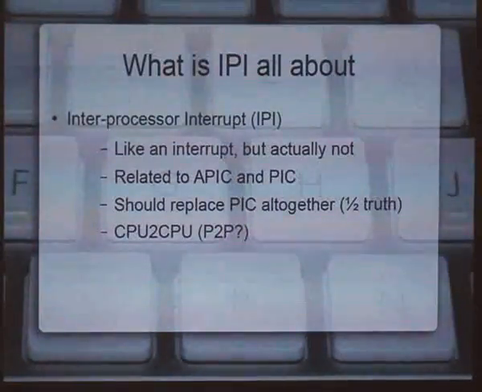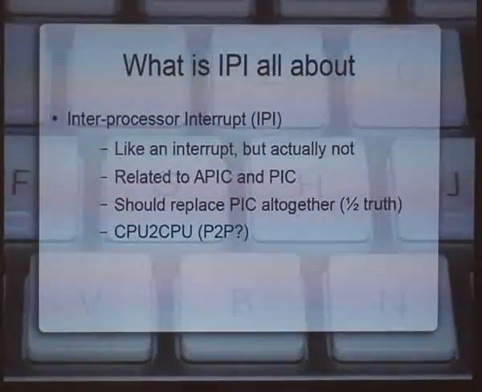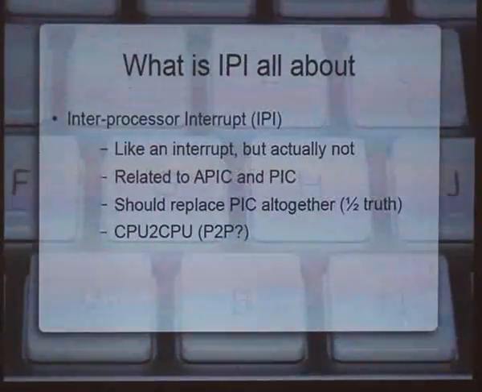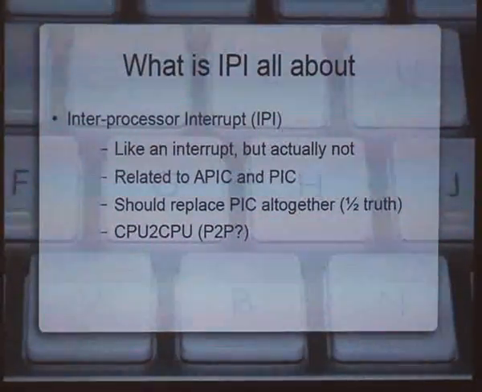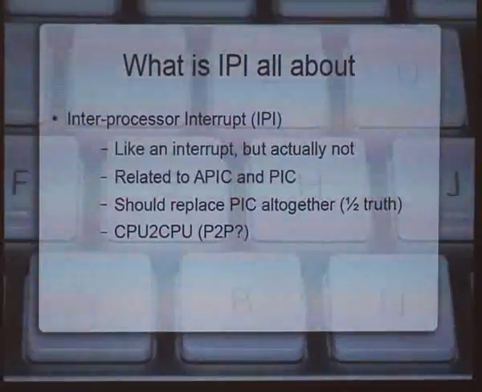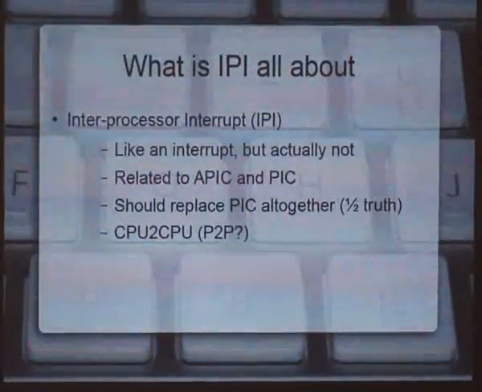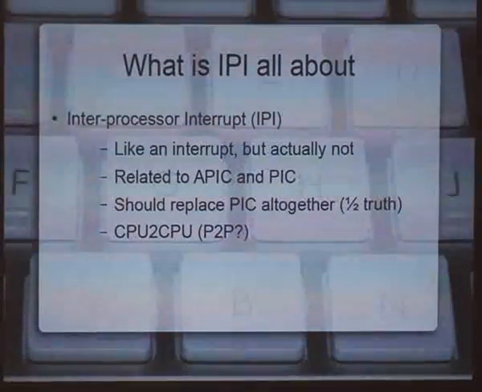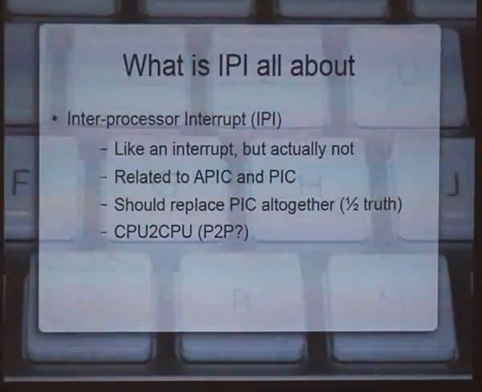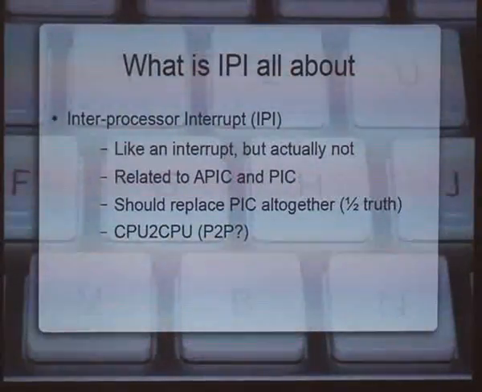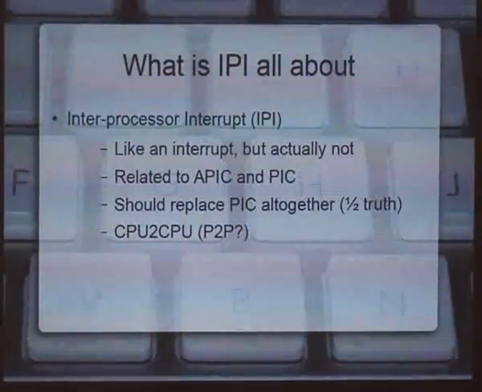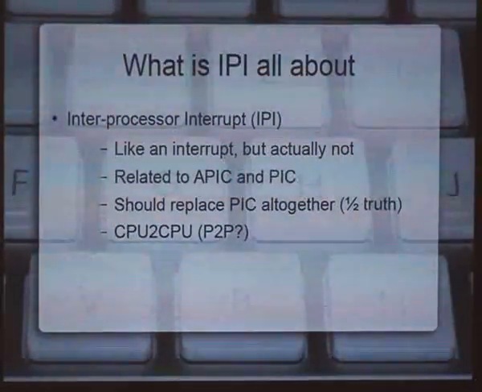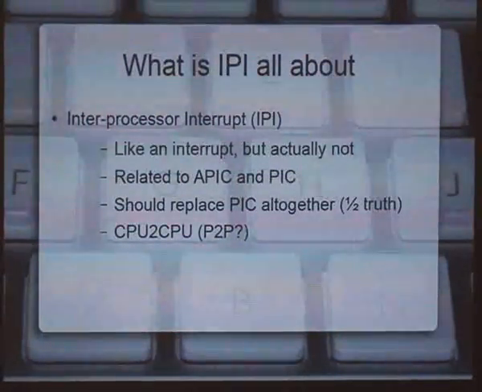Interprocessor interrupts. They're just like interrupts, but actually not. When you program an interrupt controller, it sends an interrupt when an exception happens, when a timer expires, etc. But with IPIs you can just write to a memory address and it is sent.